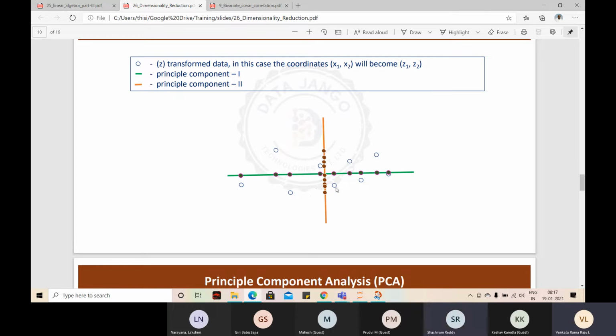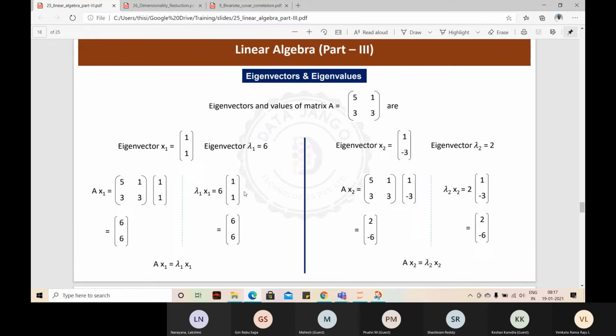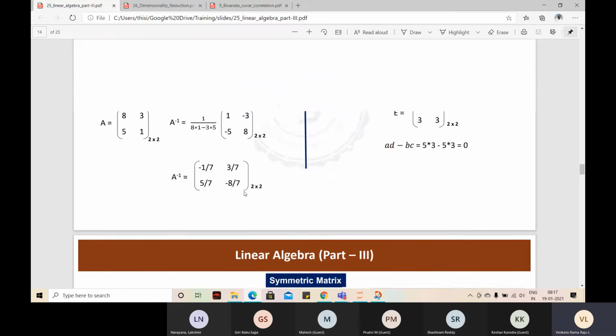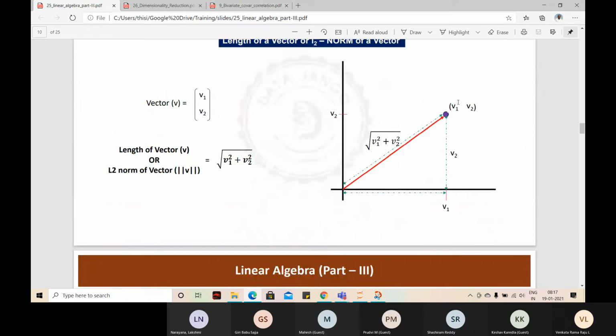Do you remember that? See this here? This is a data point, V1, V2. I actually drew a line from origin and said that there is a direction and magnitude. Why did I say that? Because I am saying that this is a vector.